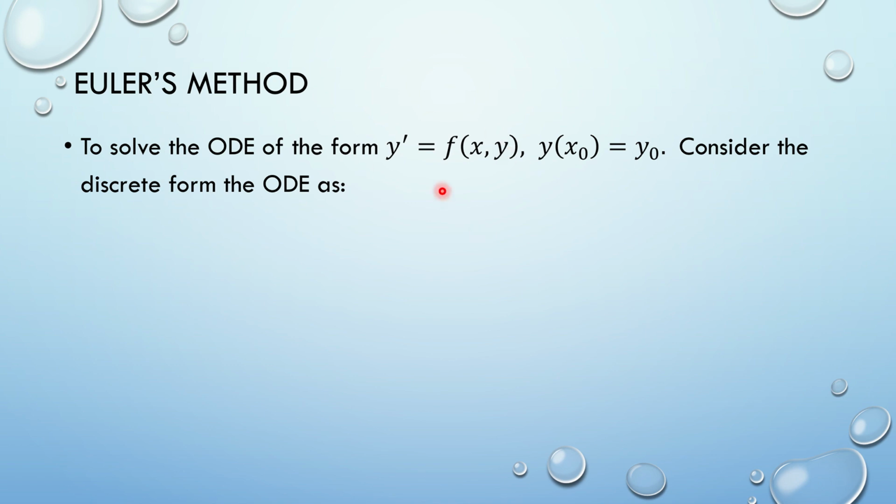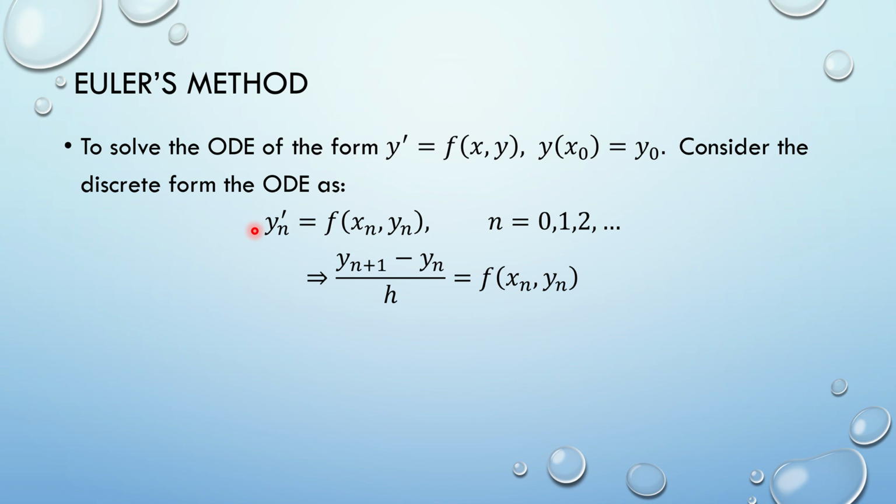We first discretize this differential equation. इसका मतलब होता है कि हमने उसकी एक स्पेसिफिक पॉइंट पे इसकी डेरिवेटिव और इस फंक्शन की वैल्यू को कंसीडर करनी है, which might be represented as yn dash, that means derivative of y at x equal to xn and y equal to yn, that is equal to f of x n, yn for n equal to 0, 1, 2 up to specific number of points, जिसमें हम इस डिफरेंशियल इक्वेशन को एक इंटरवल के ऊपर सॉल्व कर रहे होते हैं with some value of h.